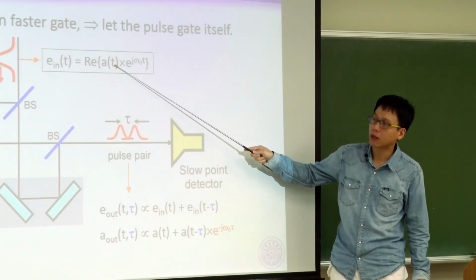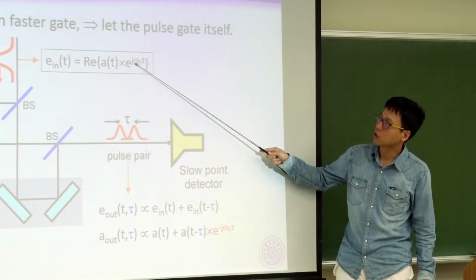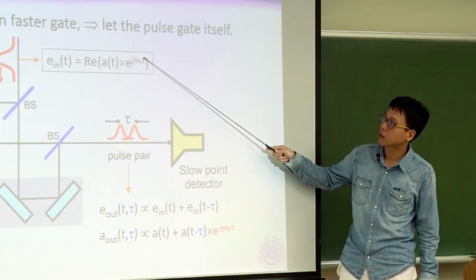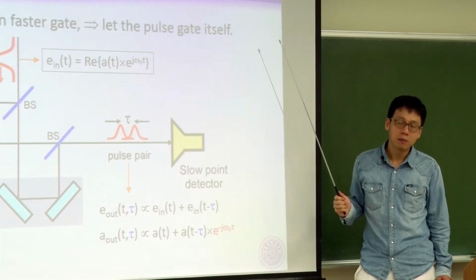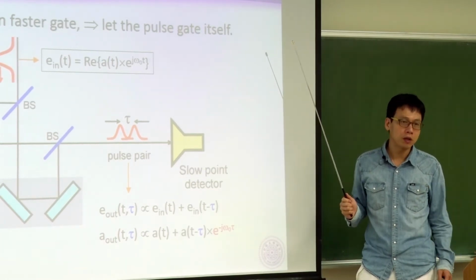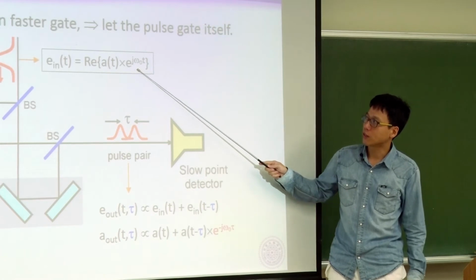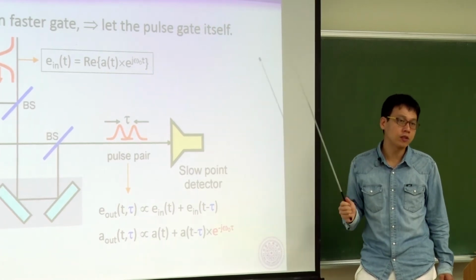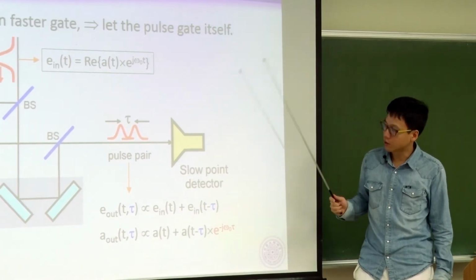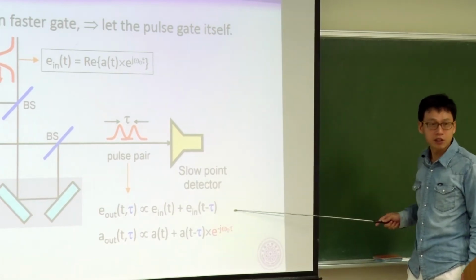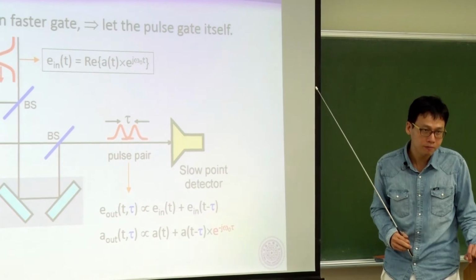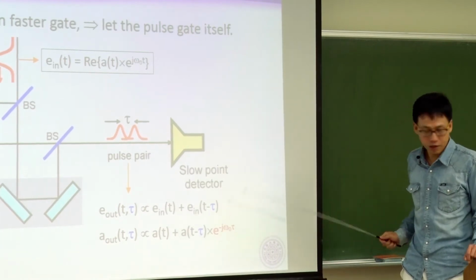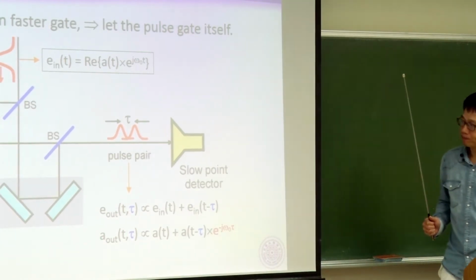So A of t minus tau times e to the j omega 0 times t minus tau. Okay, but when you talk about the envelope, you just extract the carrier e to the j omega 0 t, and there is a remaining term here, e to the minus j omega 0 tau. So this is a very important term.